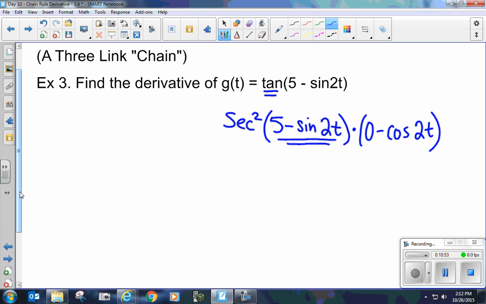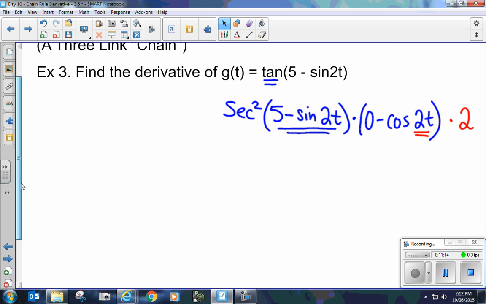And now what do we do? Now we got to take times the derivative of this. Well, what's the derivative of 2t? 2.